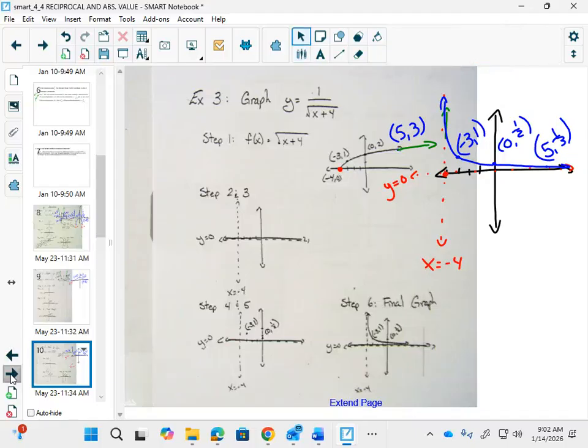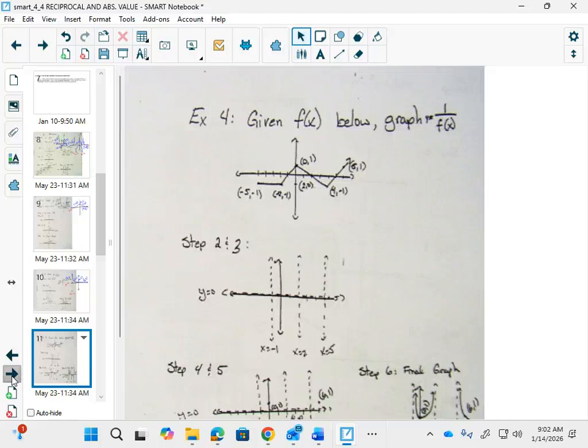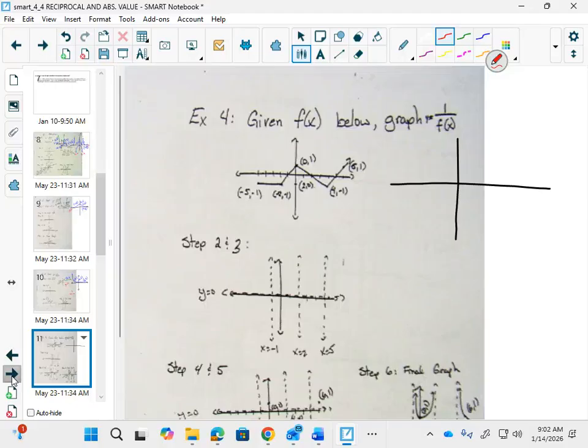And a favorite thing that the exam likes to do is draw some weird graph, a bunch of straight lines joined together, and say, given that weird graph, could you graph the reciprocal graph? And again, I'm going to do it right beside. Does your original graph have any x-intercepts? Unfortunately, it has 3 of them. It has 1 at -1, it has 1 at 2, and it has 1 at 5.